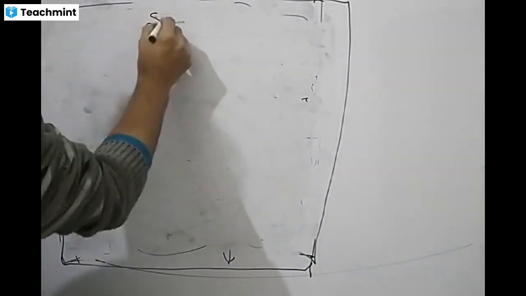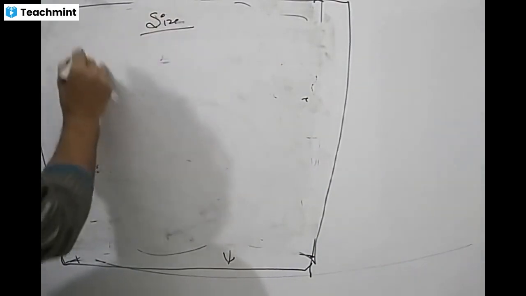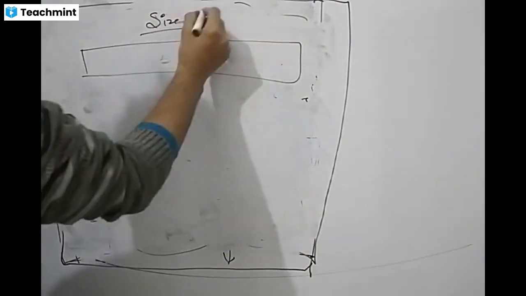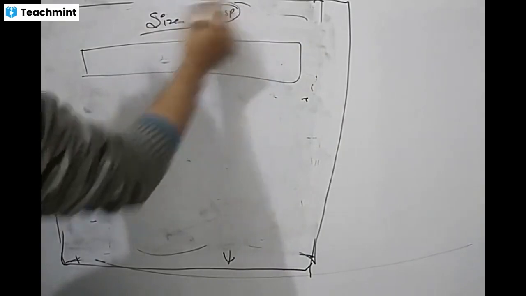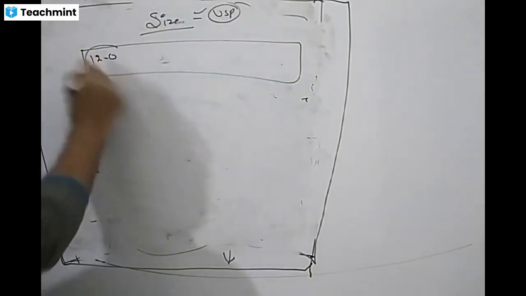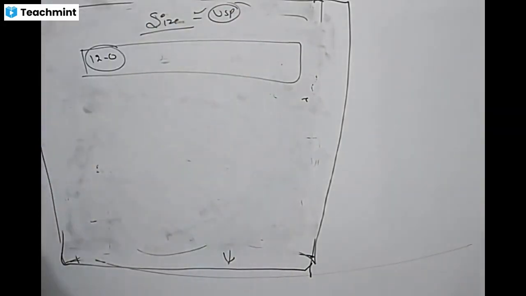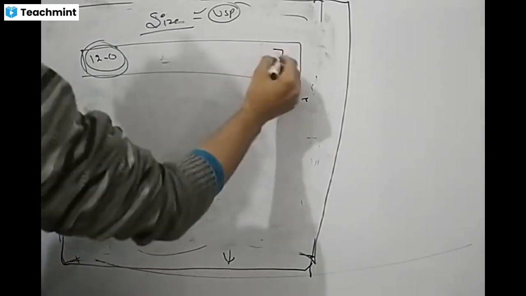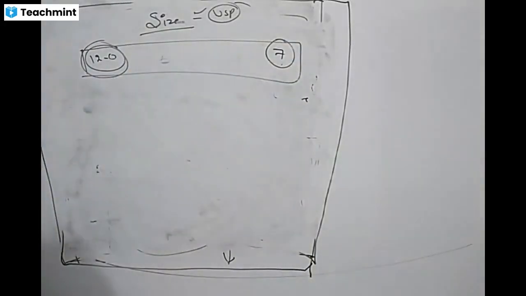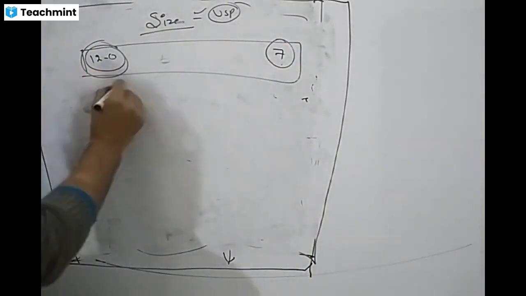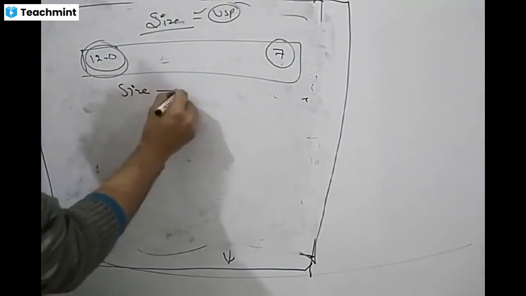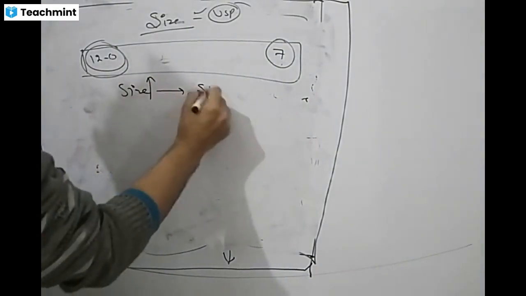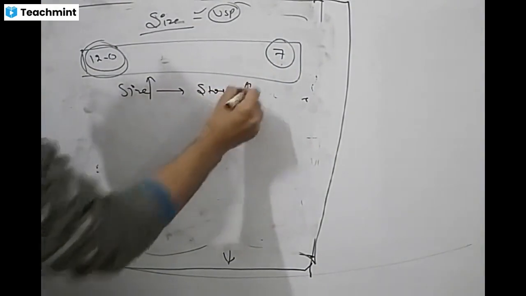So the first characteristic was size. The size is available as per the US Pharmacopoeia. In different books this size may vary, but in a small animal surgery book, 12-0 is the smallest size and 7 is the largest size. As size increases, strength increases.